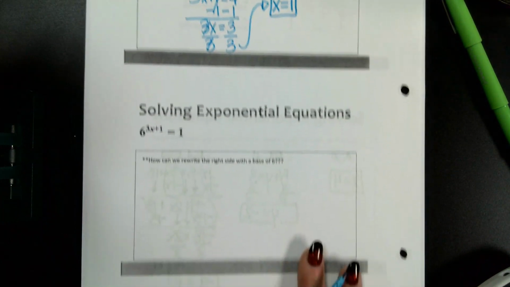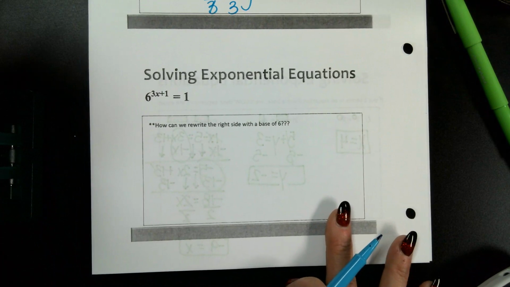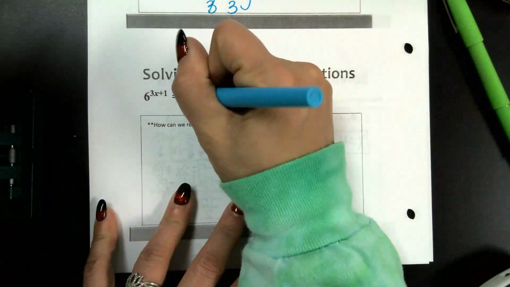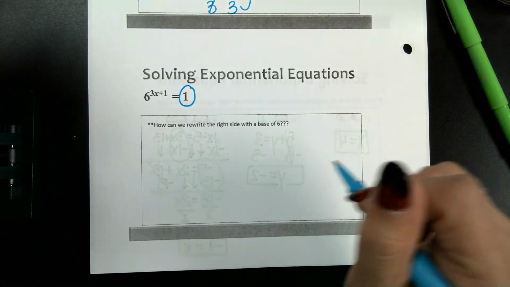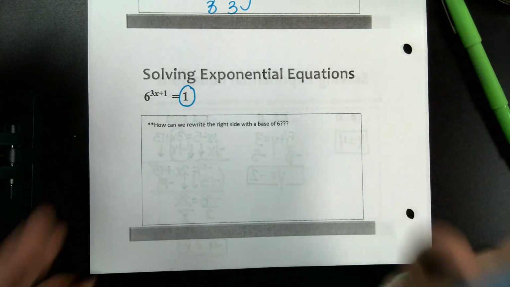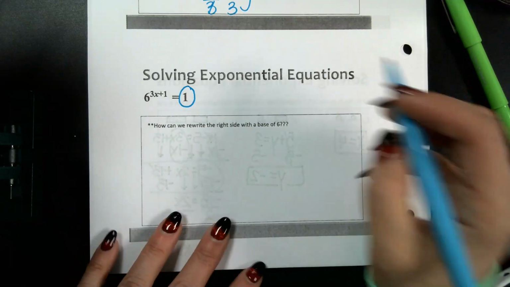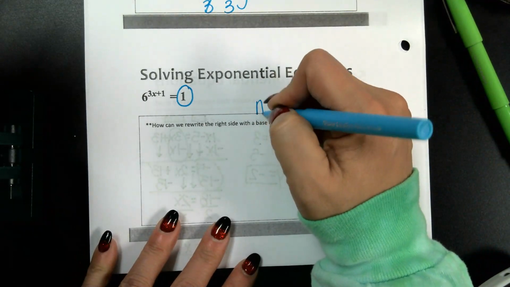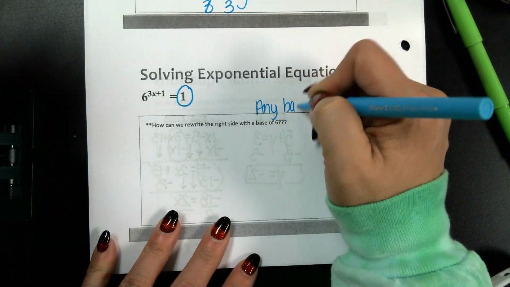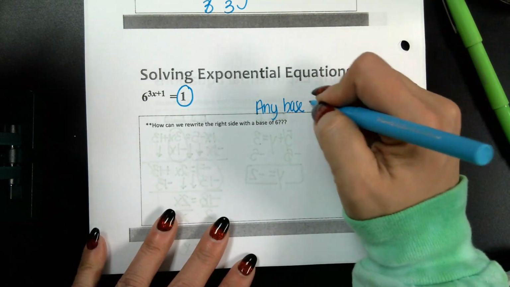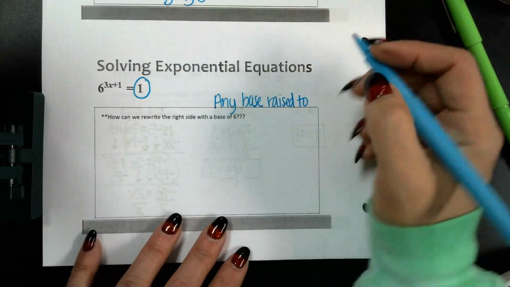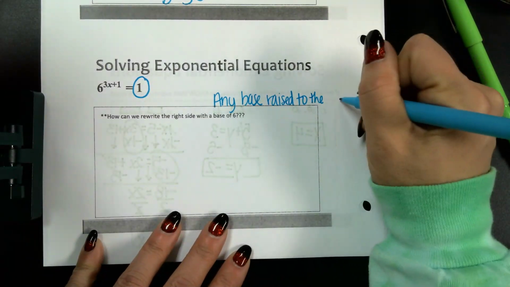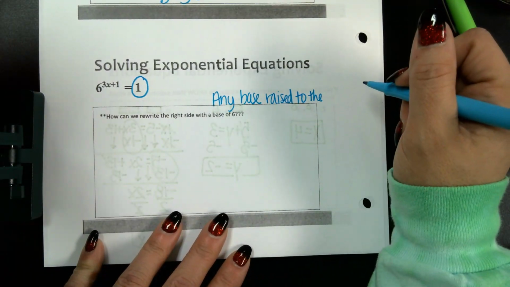Now, when you look at the bottom slide, there is a rule in Algebra 1 that you would have learned, maybe even pre-algebra. It kind of just depends on when you went through the curriculum. But any base raised to, does anybody remember what power it is where you'll always get an answer of 1?